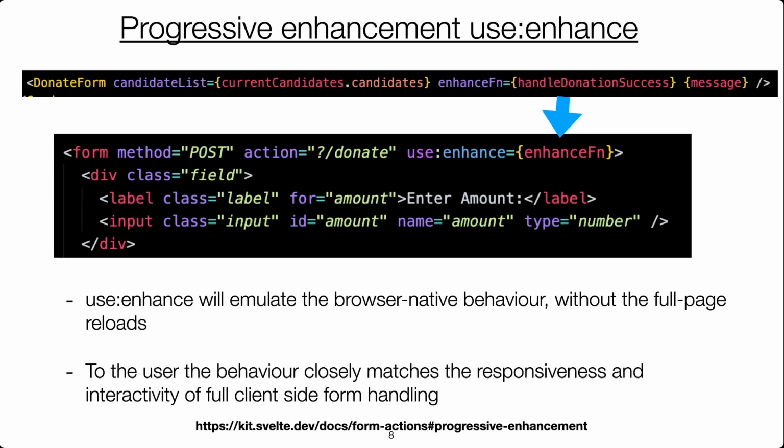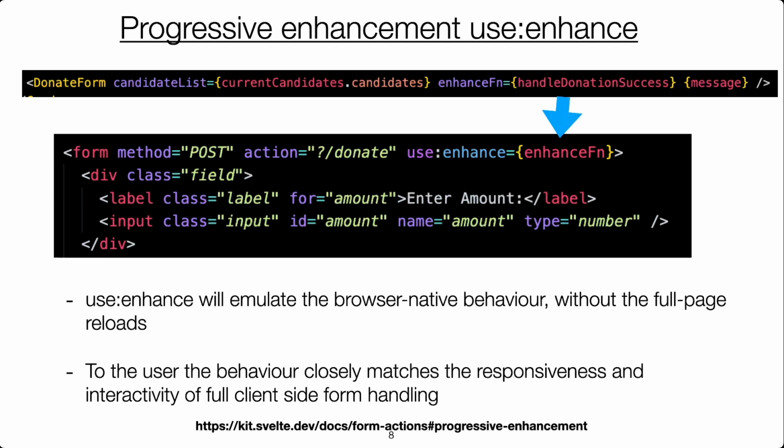Now, as part of HTTP protocol and the way forms are handled, there is an enhance function available to us whereby we can have a function called in the client, which will be passed the return value from the action. This is a browser native behavior.